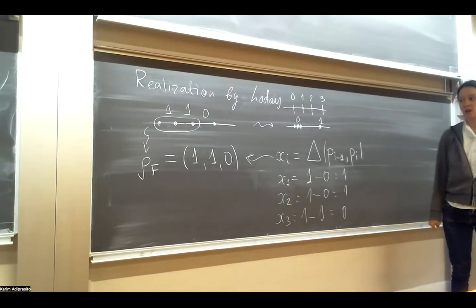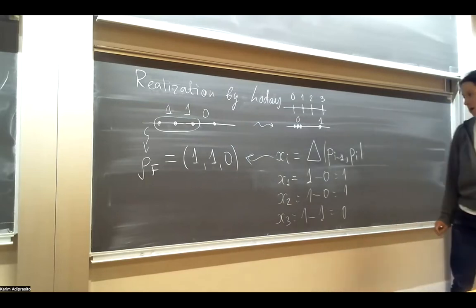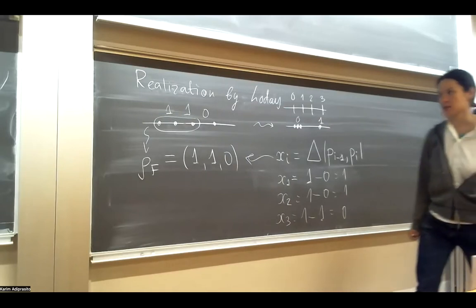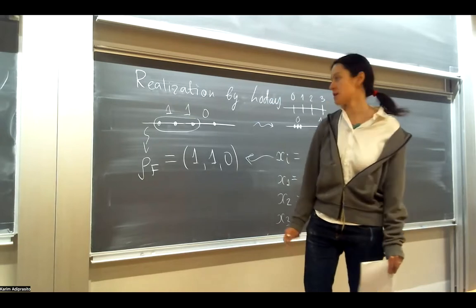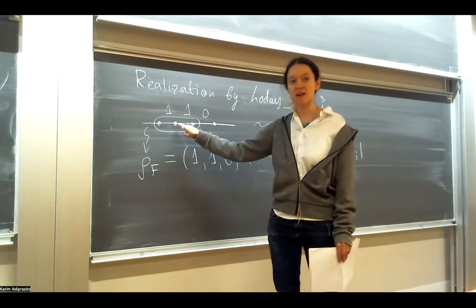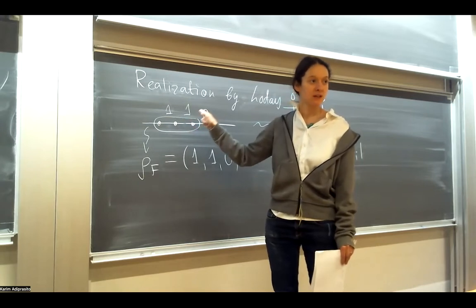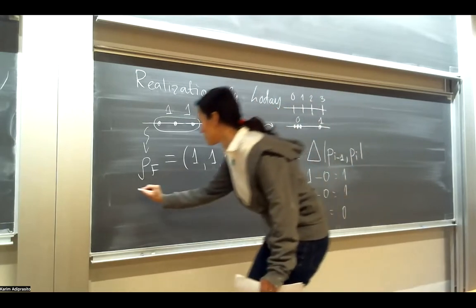Then I should say what is the value of the support function on this vector. And the value of the support function on this normal vector is given by counting the number of pairs of points that collide in this bracket. Let me write it down.